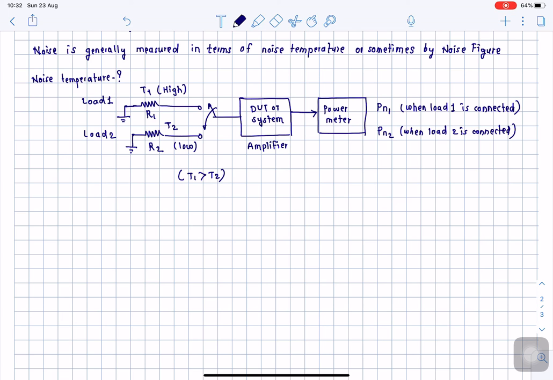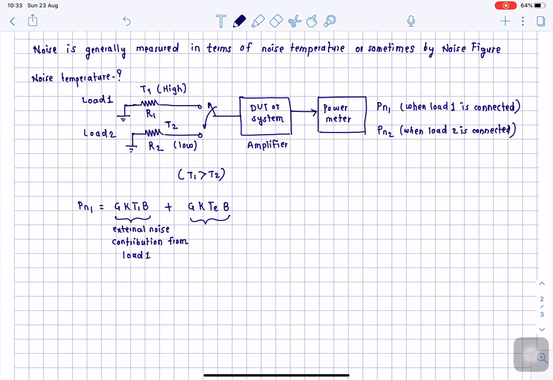If the noise power measured the first time is Pn1 when load number 1 is connected, then this can be given as the gain of the device under test, G K T1 B. This is the external noise, the contribution from load 1, plus the noise inherently present in the amplifier itself, which can be written as G K Te B, where Te is the effective temperature.